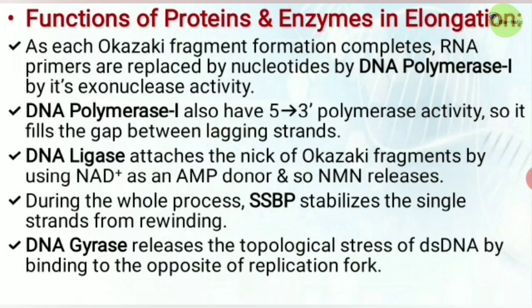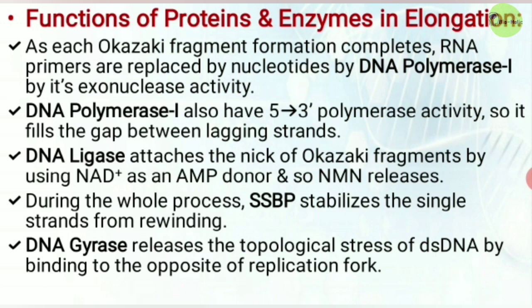As each Okazaki fragment formation completes, RNA primers are replaced with nucleotides by DNA polymerase 1 through its exonuclease activity. And you know that DNA polymerase 1 is one of the enzymes which has 5' to 3' exonuclease activity, right?